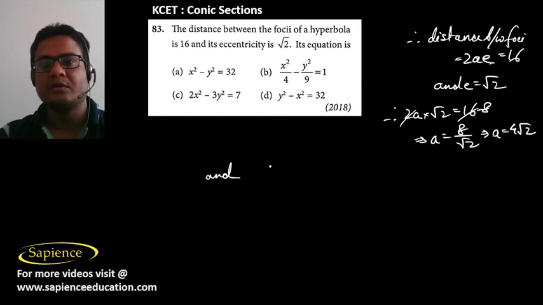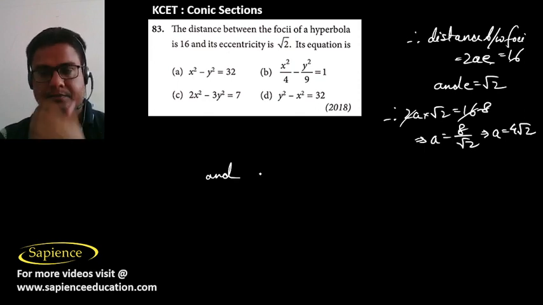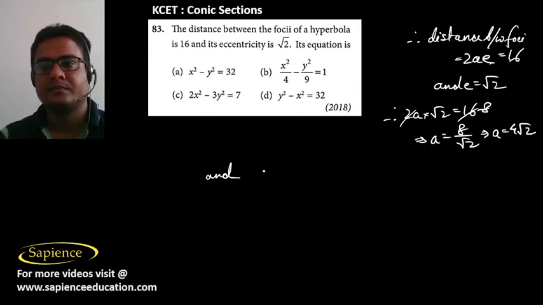And b, so we can find out b also. We know that the eccentricity of a hyperbola is given as square root of 1 plus b square by a square.